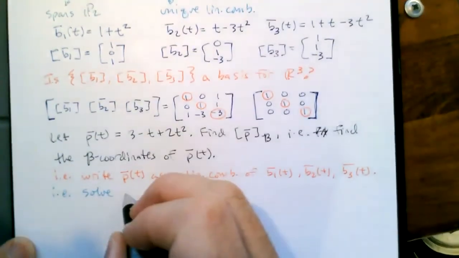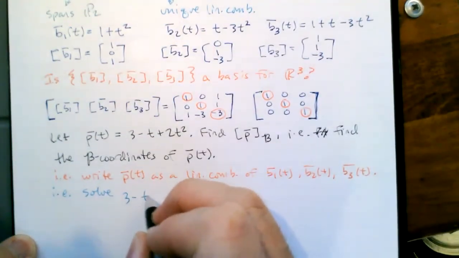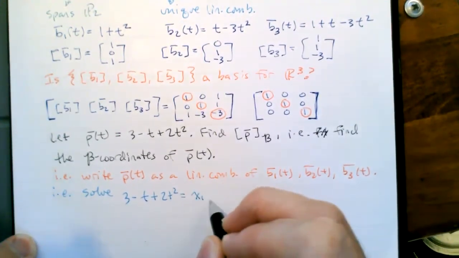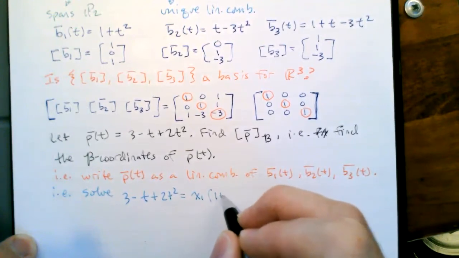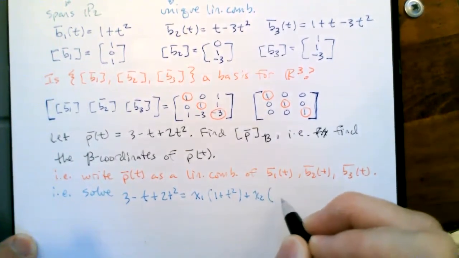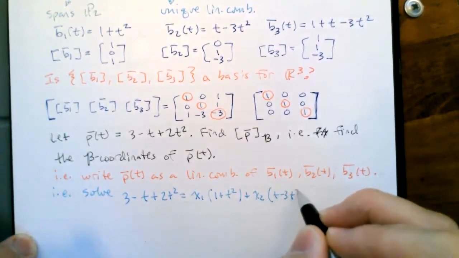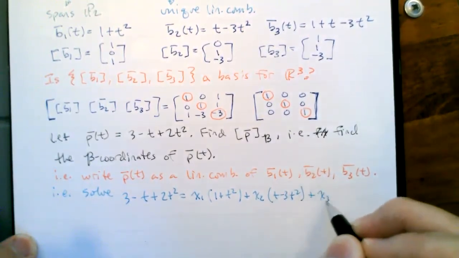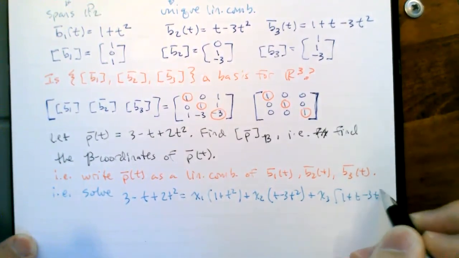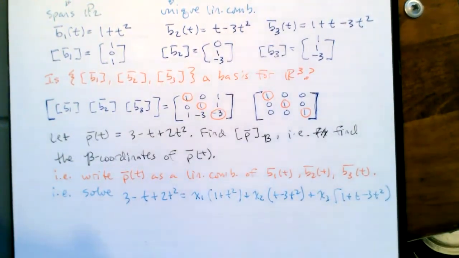I want 3 minus t plus 2t squared to be x1 times this first polynomial plus x2 times the second polynomial plus x3 times the third polynomial. I'm trying to find x1, x2, and x3 that will do this.